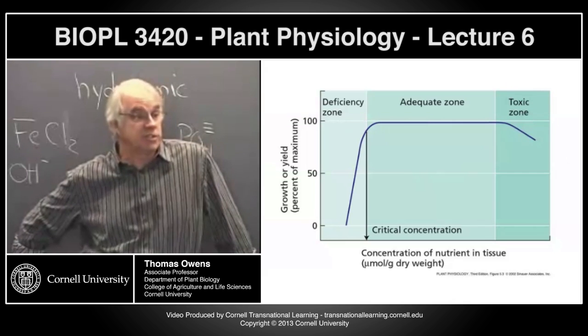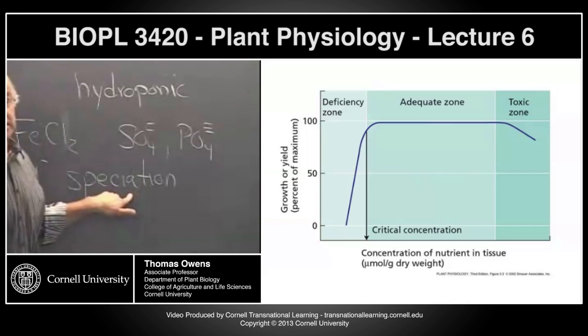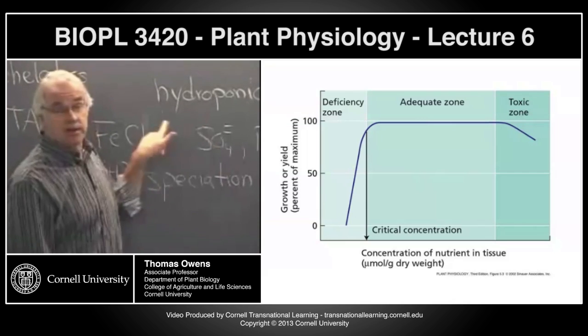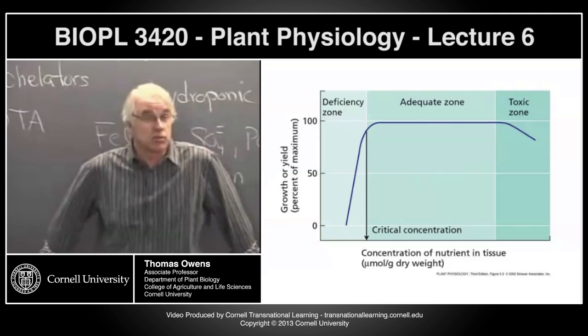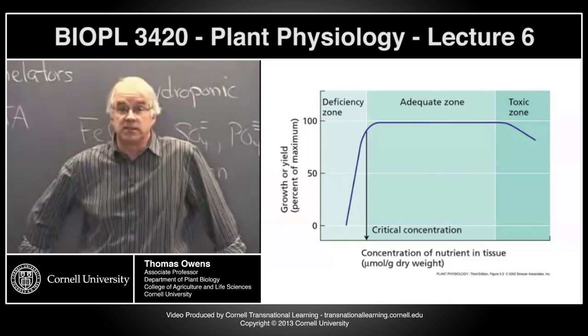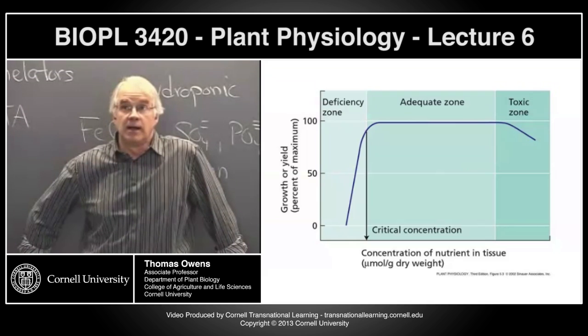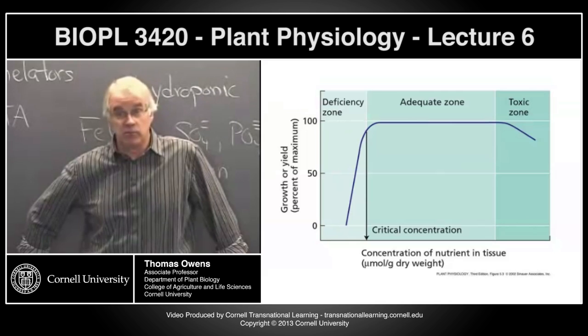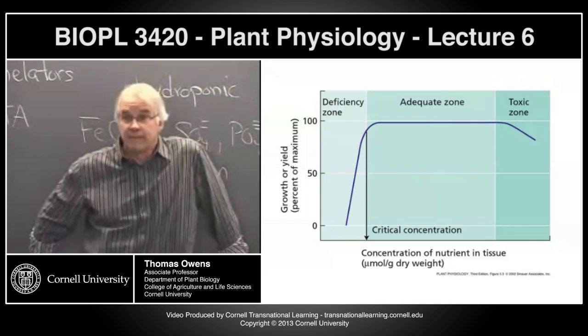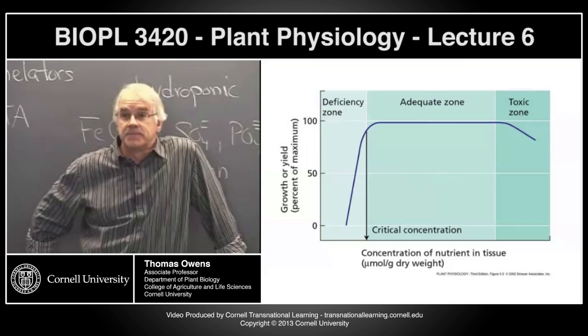Yes, so differences in the speciation, because pH can affect these things too. Yep, so that's one thing. How about differences in the plants? So a higher growth rate would mean needing more of it from the soil. Yep, that's a good one. Yep, so adaptations to deal with it.